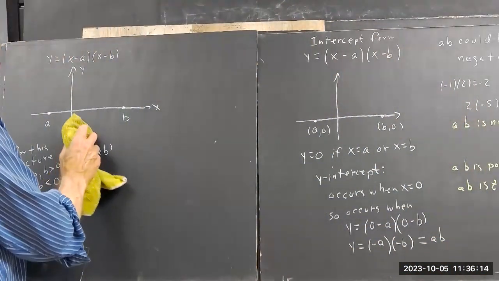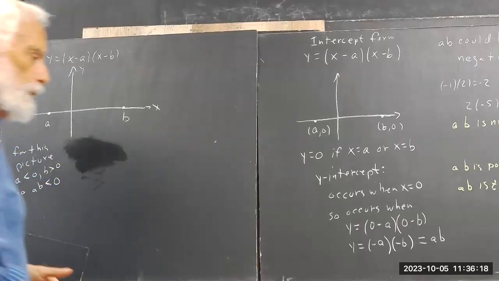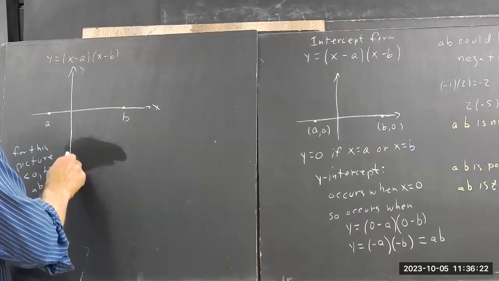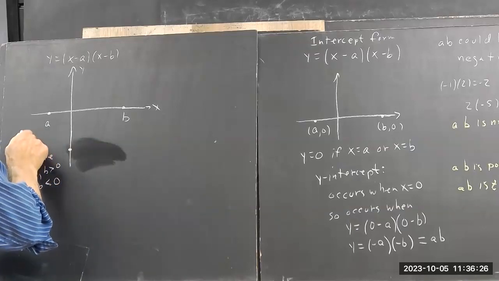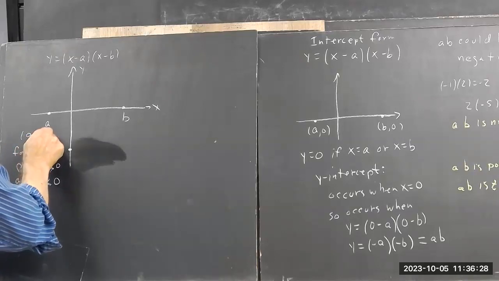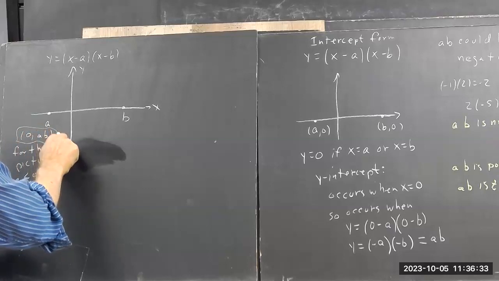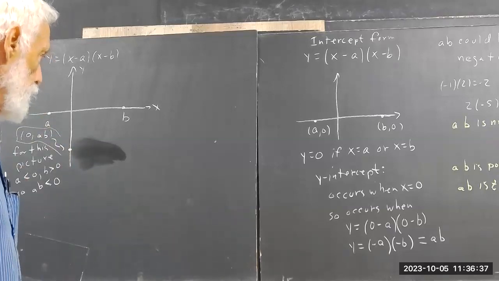So can you sketch the picture I just did and then sketch a quadratic function that corresponds to the picture? Okay, so I'm going to put AB down here, but I want to label it here, zero, AB. There's your y-intercept. It's still not very good.